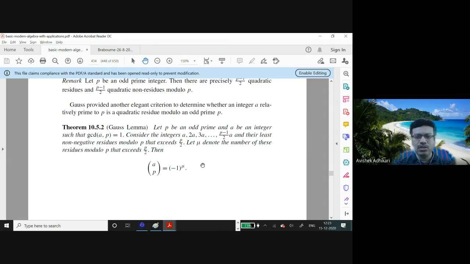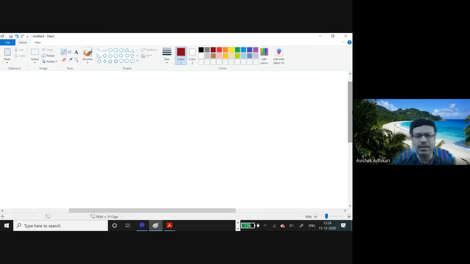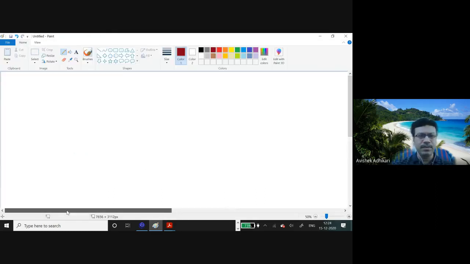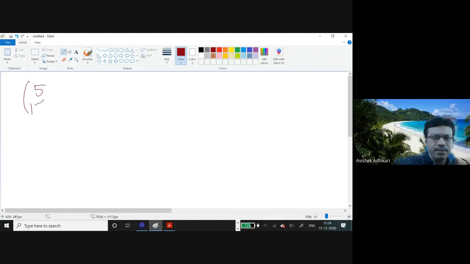Okay, so to explain this, let me use an example. Suppose I want to calculate the Legendre symbol (5/13). By using the law of quadratic reciprocity, it is now very easy for you.